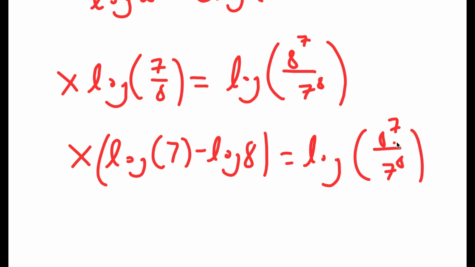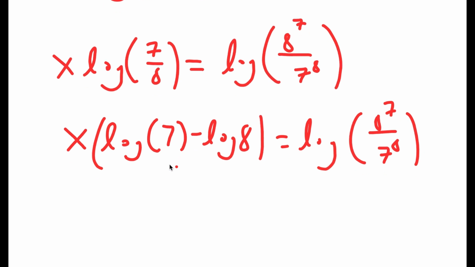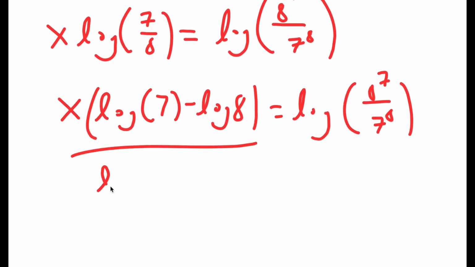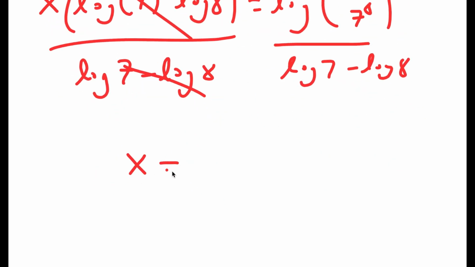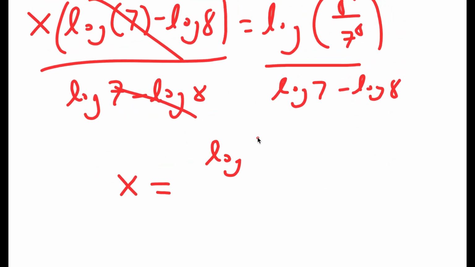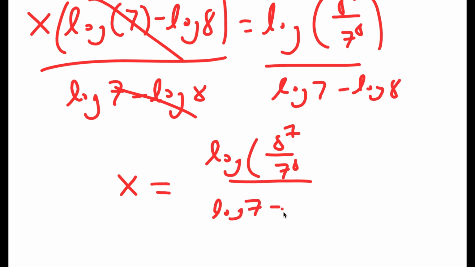And now, I'm going to go ahead and divide both sides by log 7 minus log 8. So these two cancel out, and I get x is equal to log of 8 to the power of 7 over 7 to the power of 8, over log 7 minus log 8.